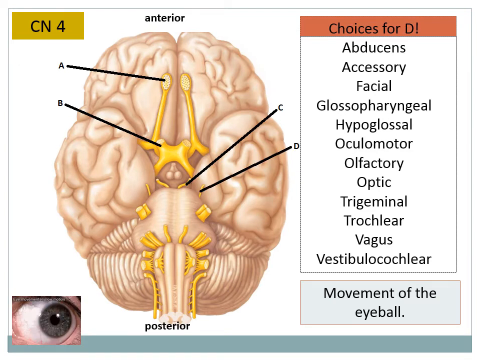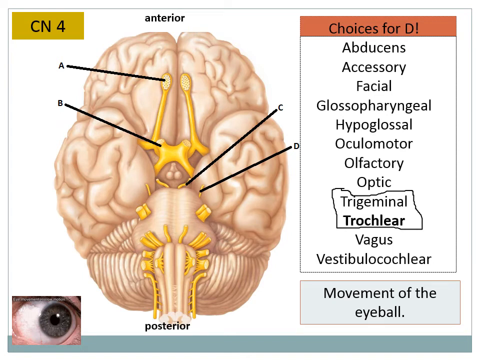All right, we are now on to cranial nerve number 4, which has to do with moving the eyeball. Cranial nerve number 4 is either trigeminal or trochlear. Looking at those words, which one do you think would help move the eye? Good, it is trochlear.